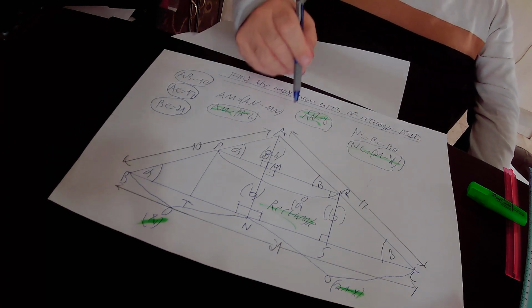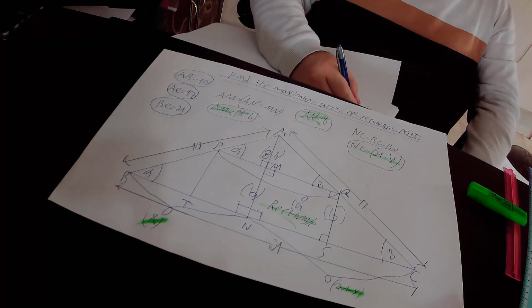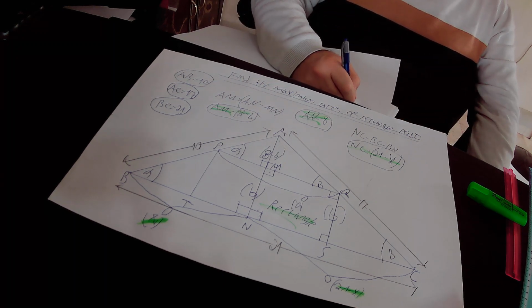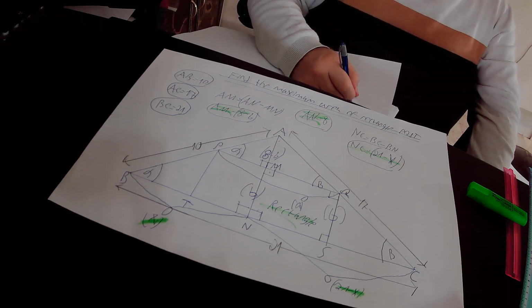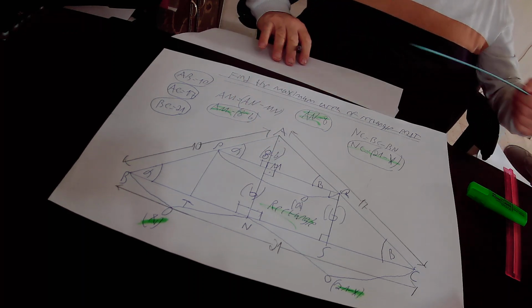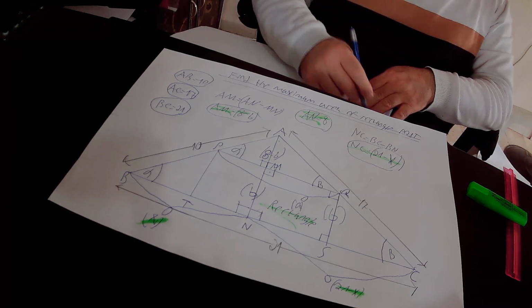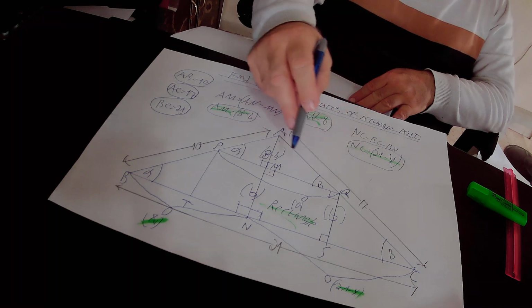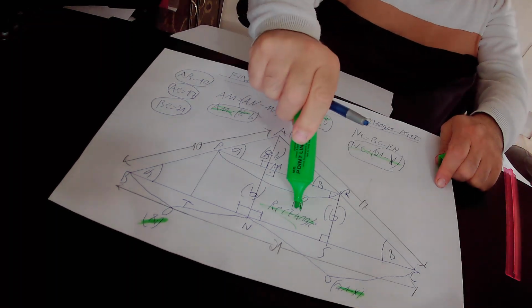What is the length of AM? AM equals 8 minus B over AN. AN equals 8. What is the length of PQ? PQ equals A according to our definition.